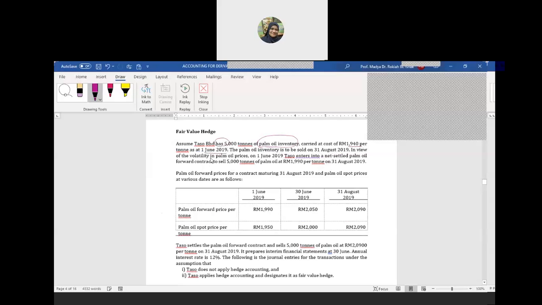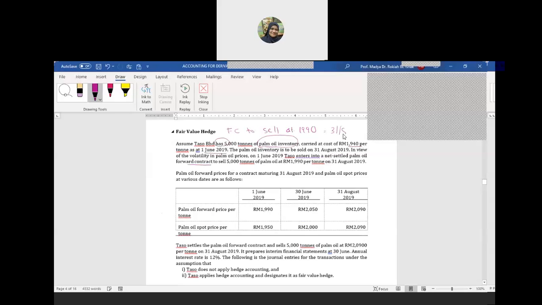In view of the volatility in the palm oil price on the 1st of June 2019, Tasso entered into a net settled palm oil forward contract. Okay, now you enter a forward contract here to sell at the price of 1990 on 31st August.